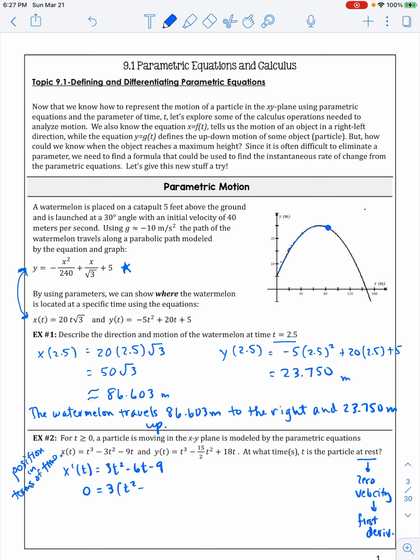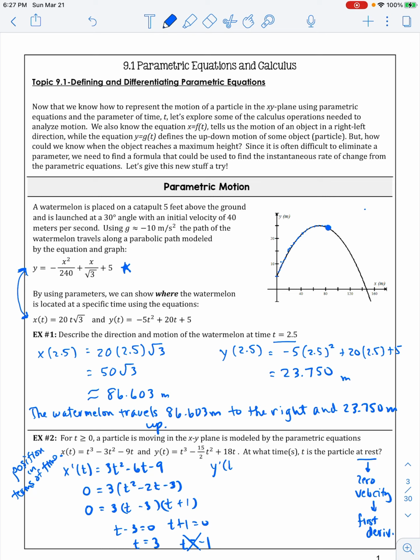I notice that there's a 3 in every term, so I factor that 3 out. Then I'm going to factor my trinomial: t minus 3 and t plus 1. If I solve, t minus 3 equals 0, t equals 3, t plus 1 equals 0, t equals negative 1. We can't have negative time, so I throw that out.